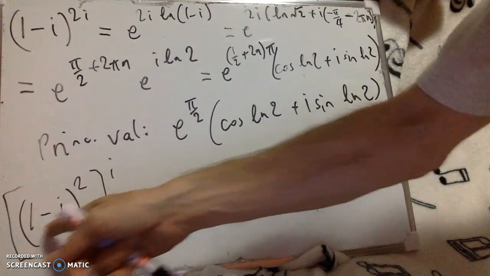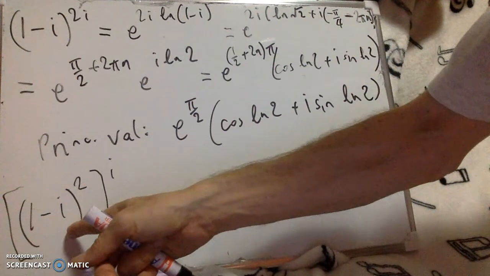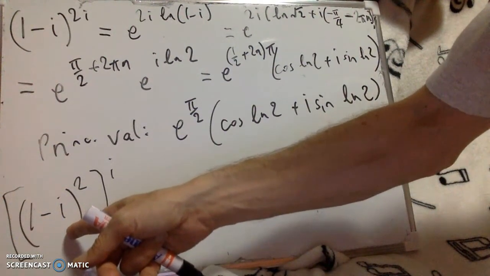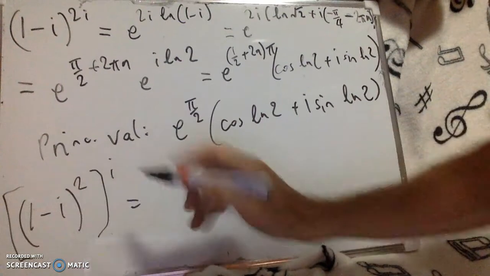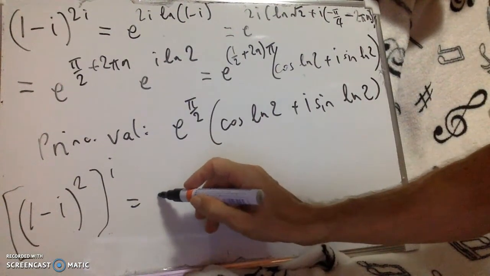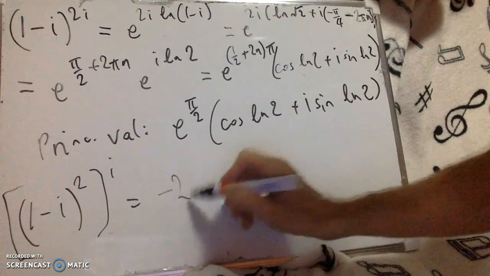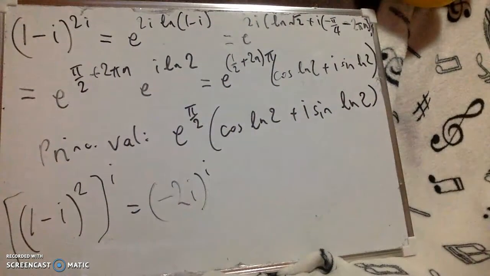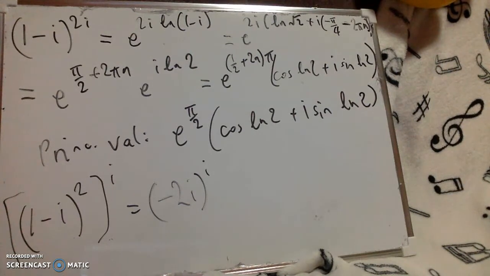This is pointing in the minus pi by 4 direction, so squaring it, you double the argument, so that gives you minus pi by 2, which is just minus i. So in fact, this thing here you can actually do in your head and say, okay, it's minus 2i to the i. So that's maybe something which is easier to start with.